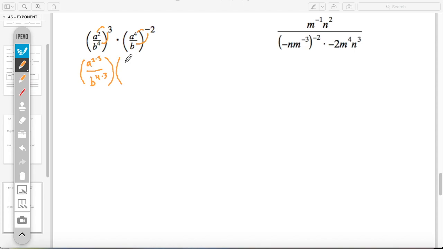Okay, and over here I have a to the 4 times negative 2 divided by b to the 1 times negative 2. Okay, so I'll simplify this expression. I have a to the 6th divided by b to the 12th.